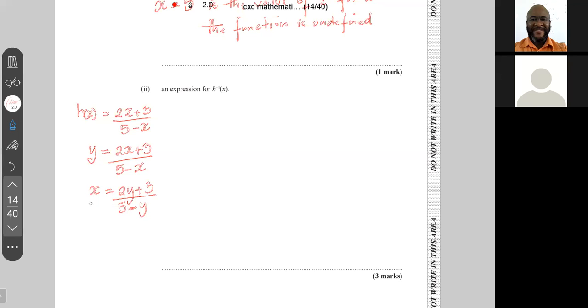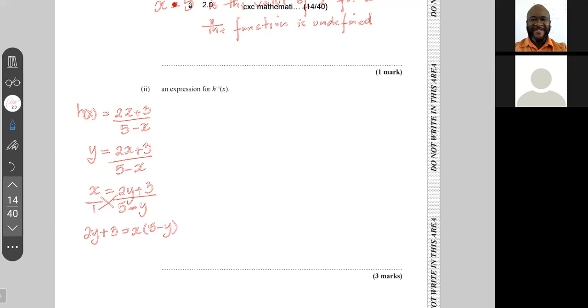Guys, if I have 1 fraction is equal to 1 fraction, to get rid of the fractions, I'm going to cross multiply. So 1 times 2y plus 3 is 2y plus 3 is equal to x multiplied by 5 minus y.